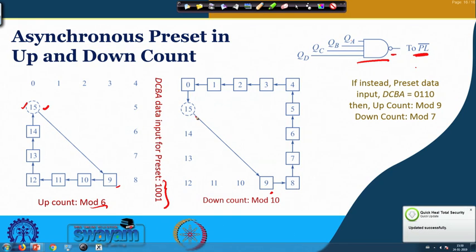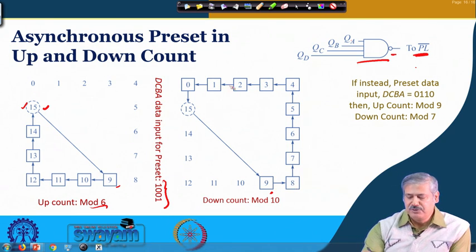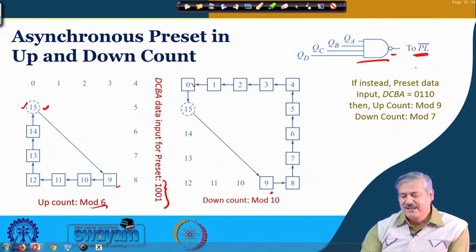Again 15, and at that time again this 9 will get loaded immediately. So, how many unique states are there? 9, 8, 7, 6, 5, 4, 3, 2, 1, 0, and 15 and 9 are together. So, you can see that the unique states are 1, 2, 3, 4, 5, 6, 7, 8, 9, 10. So, it is a mod 10 counter.